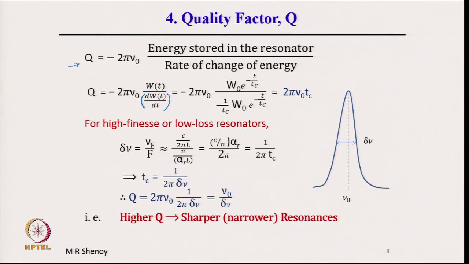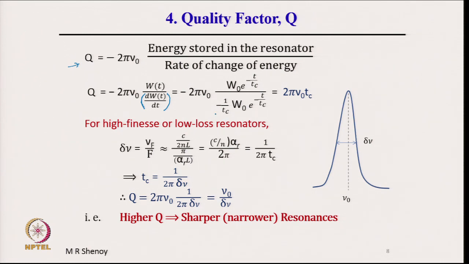So, that is equal to minus 2 pi nu 0, W of t, where we substitute W 0 into e power minus t by T c, divided by the derivative of W of t, which is minus 1 by T c into W 0 into e power minus t by T c.